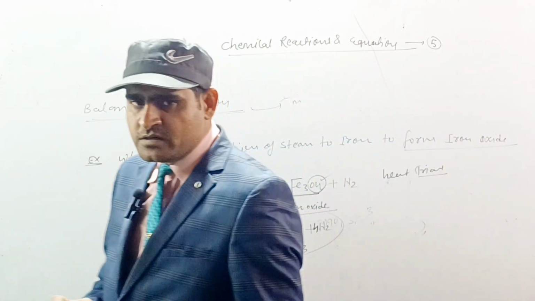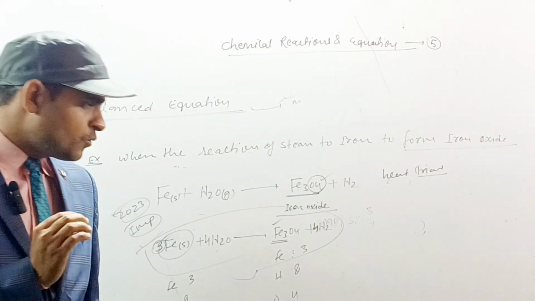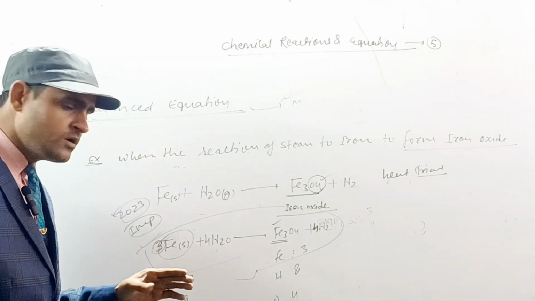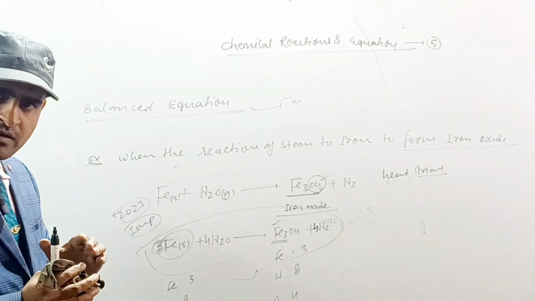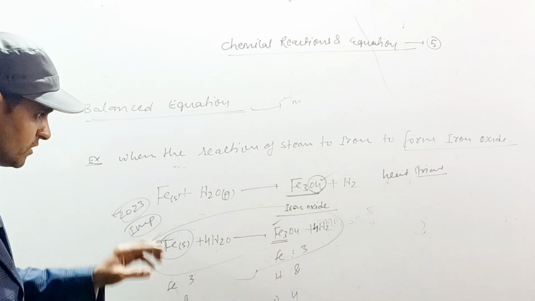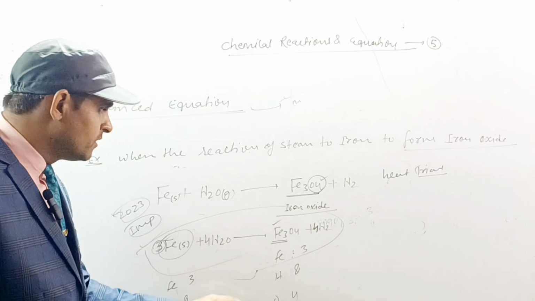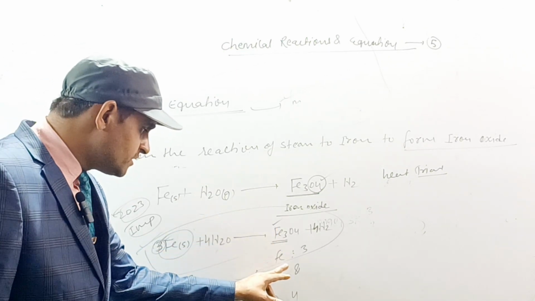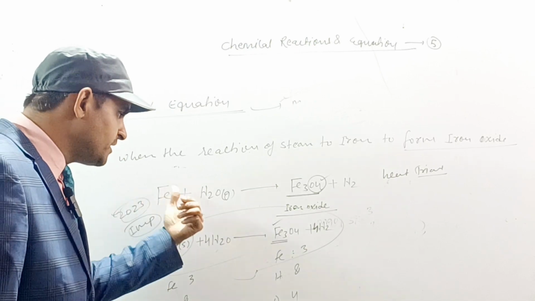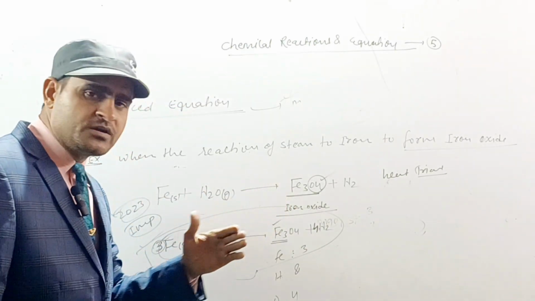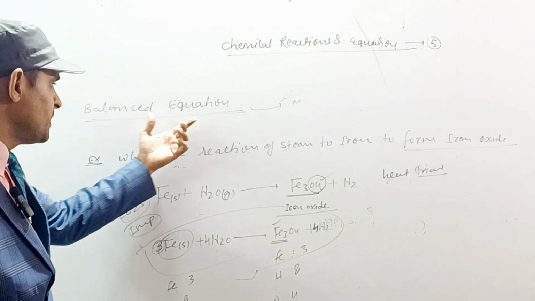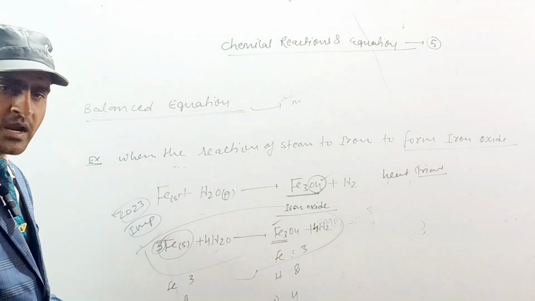My dear students, what is the definition of a balanced equation? You can write the definition in an easy way. When the number of elements in the reactant and product are the same, the equation is known as a balanced equation.